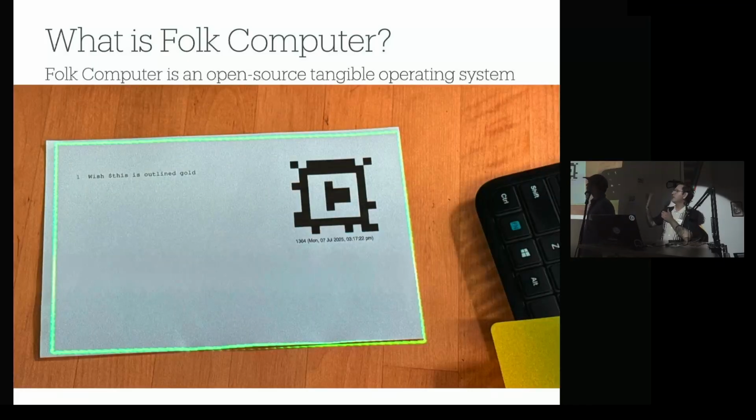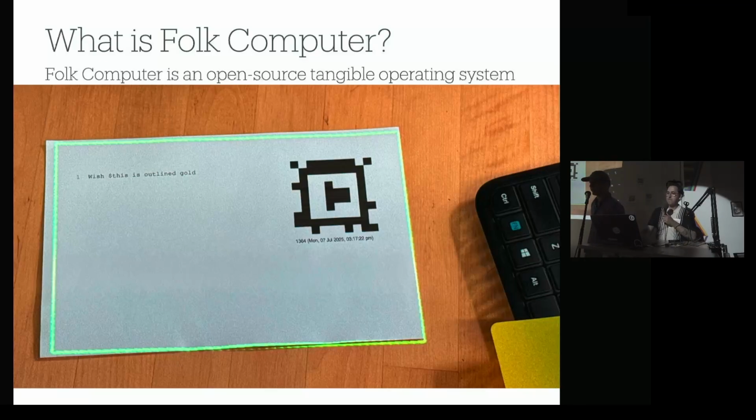When you show it to the computer, by which I mean you put it on the table, there's a projector and a camera connected to a computer that's running the Folk OS. And Folk's whole job is to coordinate all of this to fulfill this wish. And so we wrote, wish this is outlined gold. And so this white piece of paper is pretty accurately outlined in the color gold.